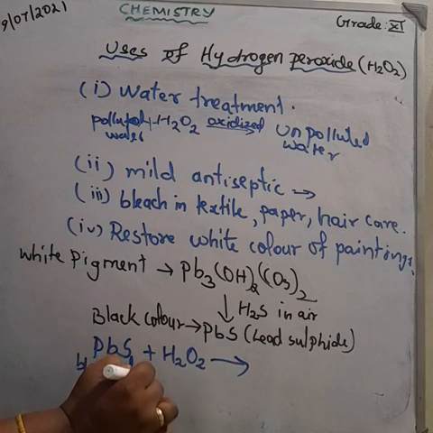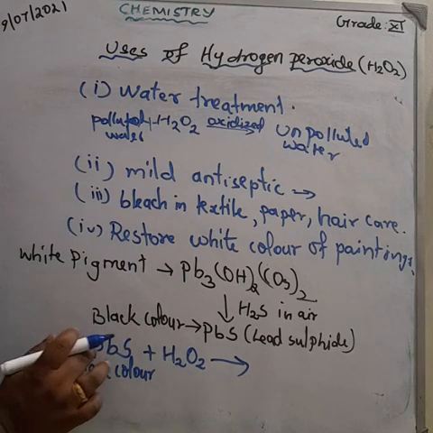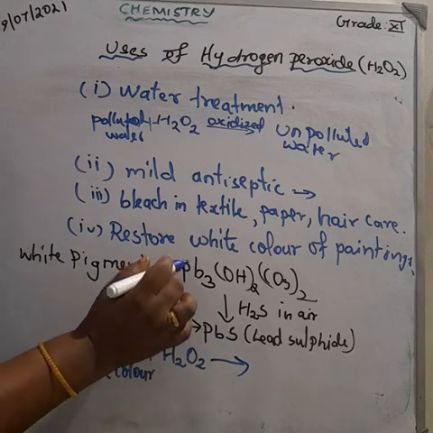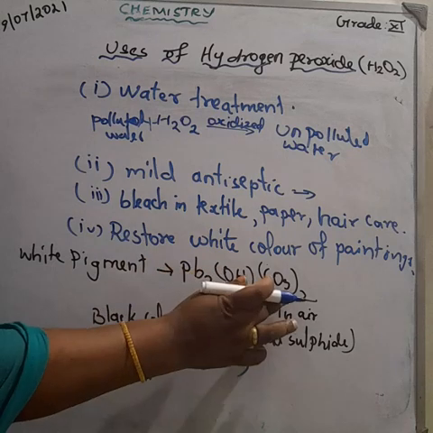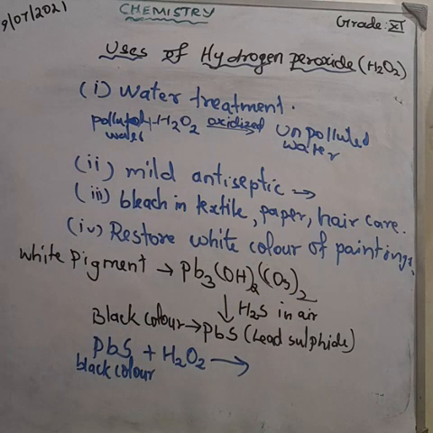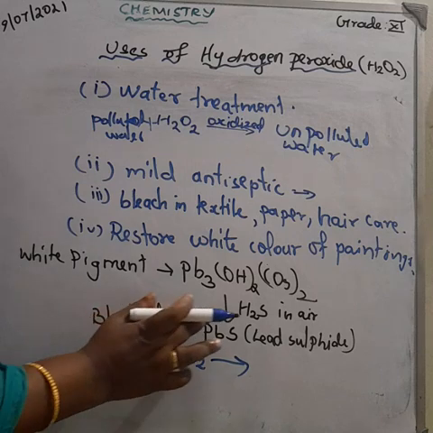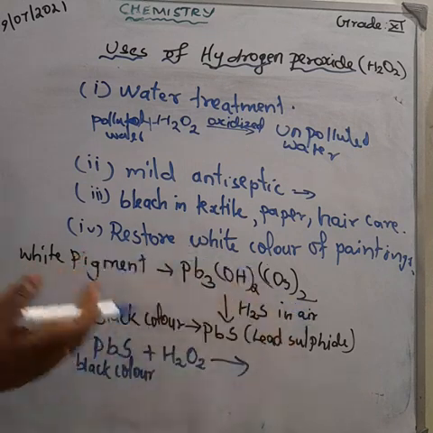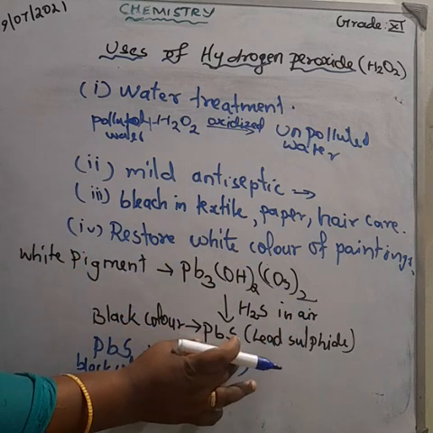Understood? The paint contains a white pigment. What is the white pigment? Pb3(OH)2(CO3)2, lead carbonate hydroxide. When it reacts with hydrogen sulfide, H2S, in air, it forms lead sulfide, PbS.